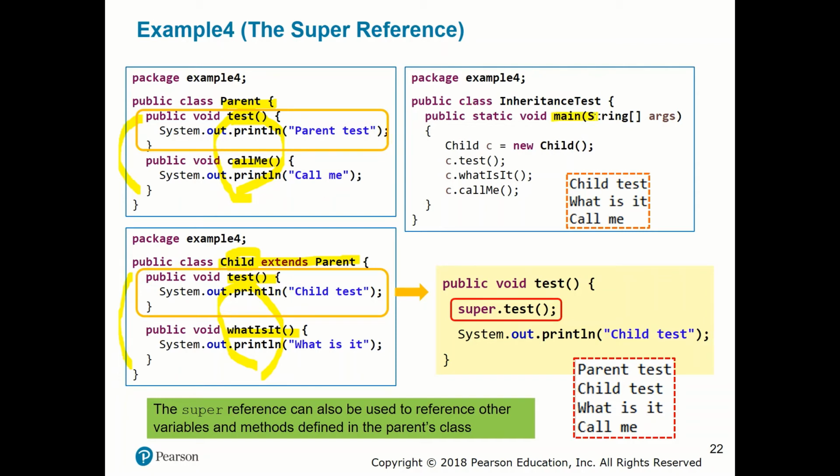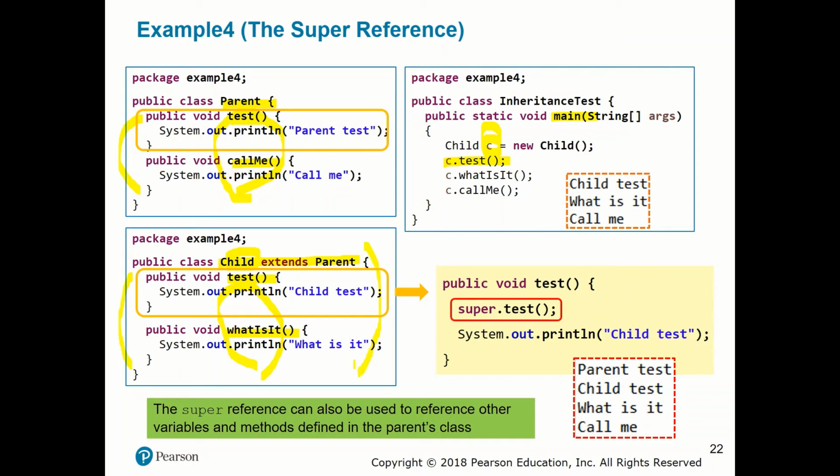In the main method, child object C is created. And C calls test method, C.test. Then there are two test methods. One is in the parent class and the other is in the child class. At this time, because C is a child object, the computer sees if test method is in the child class.